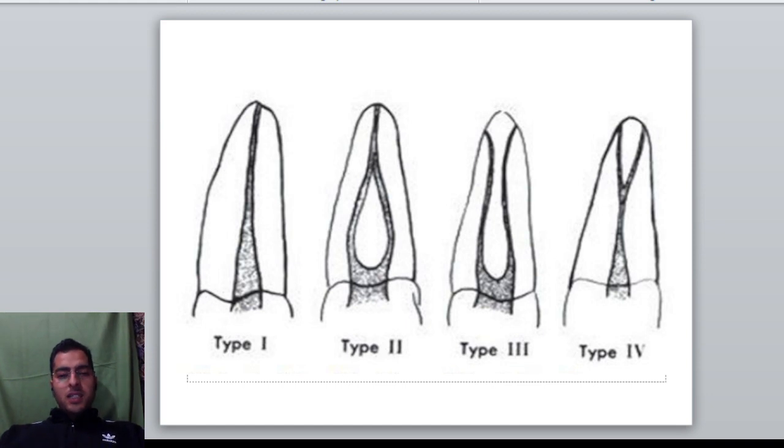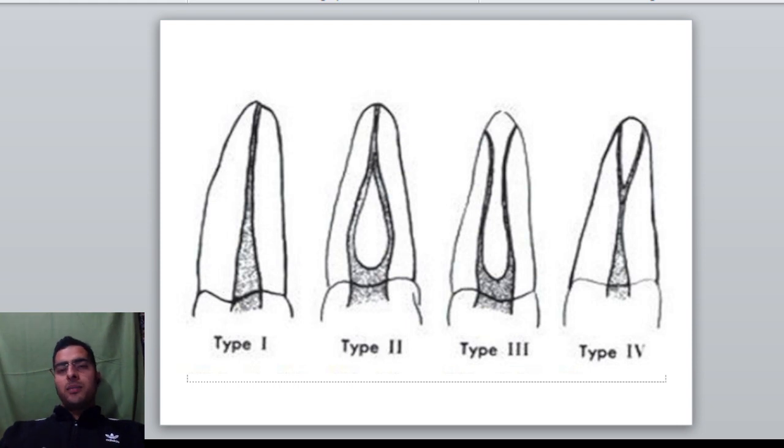In the type 2 canal system, in the pulp chamber you can see two canal orifices, but radiographically you see both the canals join at the apical one third of the tooth and present with a single apex.